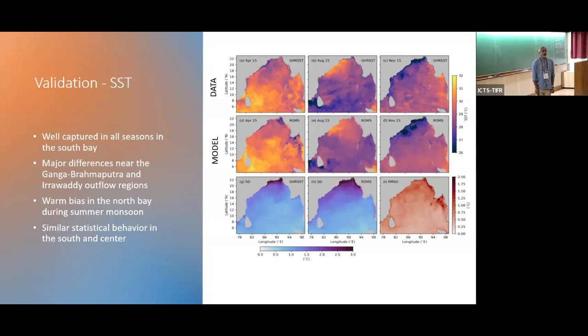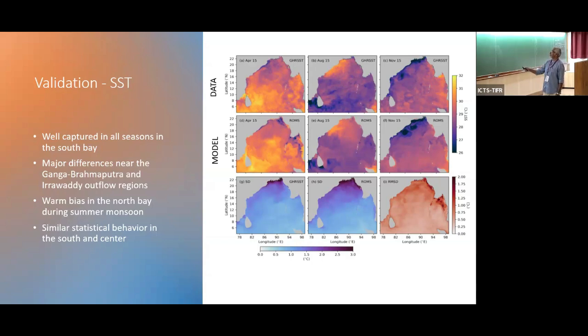Now, here's a comparison of how well the model is doing in terms of simulating the basic variables. This slide is for the SST. The top ones are data from the GHRSST data, again 1 kilometer resolution, and these are daily model outputs, and the middle panels are from the model.